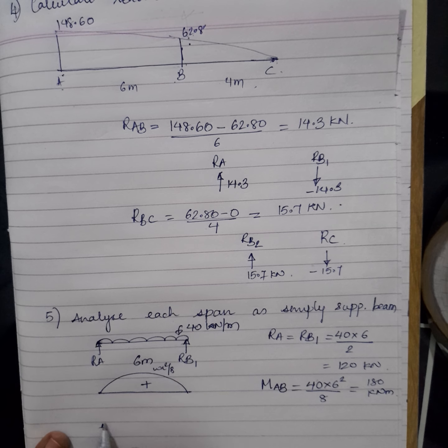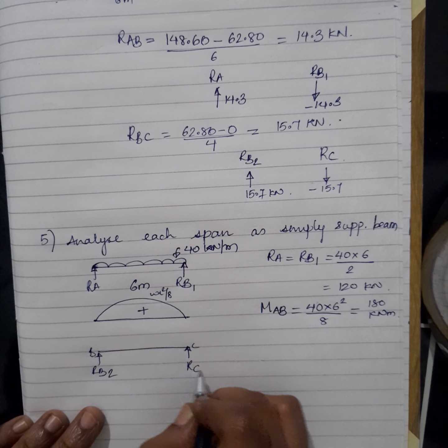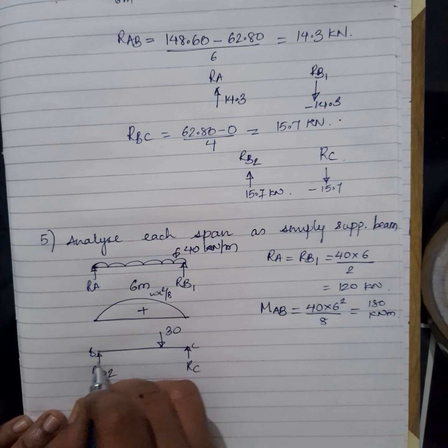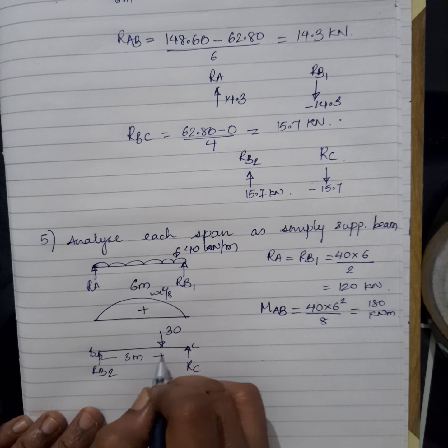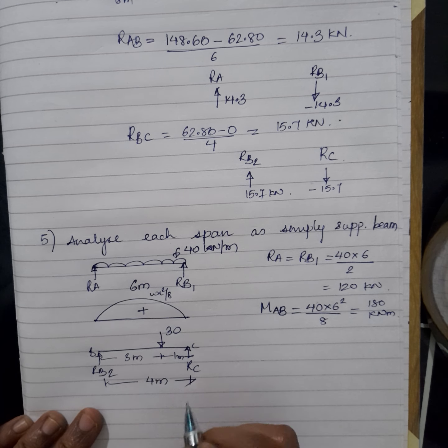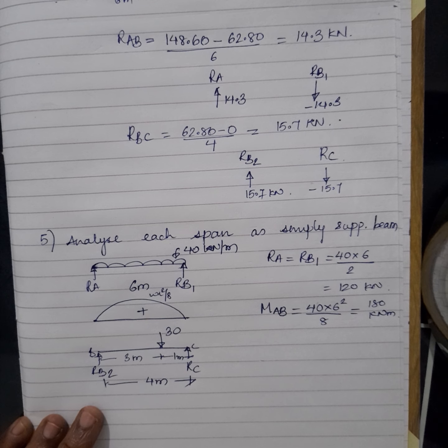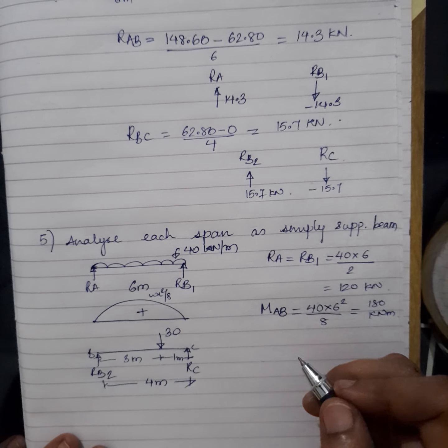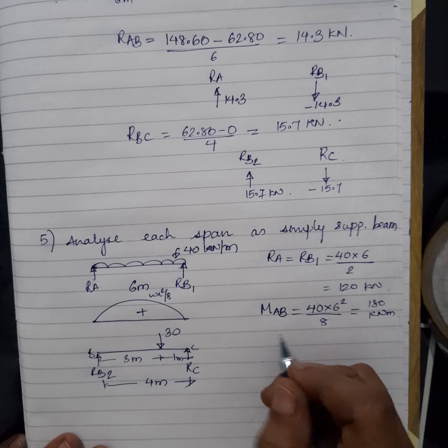Okay. Similarly, calculate for BC, this will be RB2 and RC. Load is 30 kilonewton acting at 3 meters. So this is 1 meter and this is total 4 meter. So here also we have direct formulas. But reactions are not equal because it's not a symmetrically loaded span.